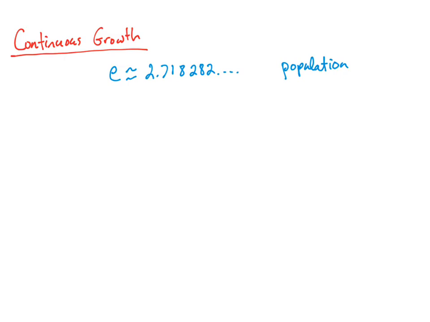So when we have continuous growth, the form of the function that we're going to use is A E, where E is that exponential constant, raised to the R T. And A, again, is the initial value.